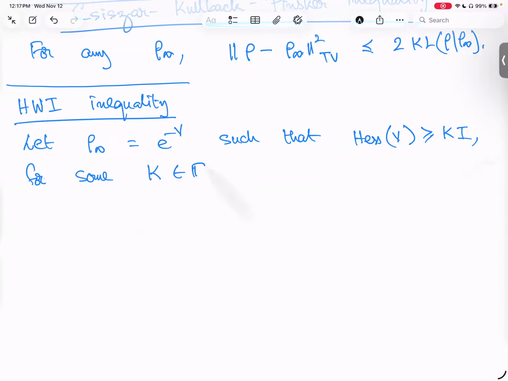Assume that the integral of e to the power minus v is finite.